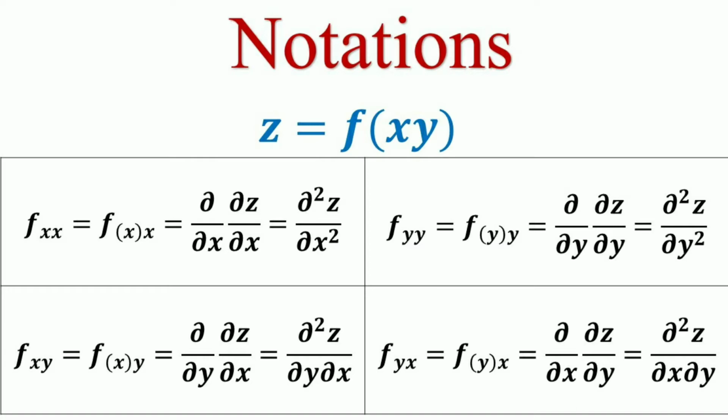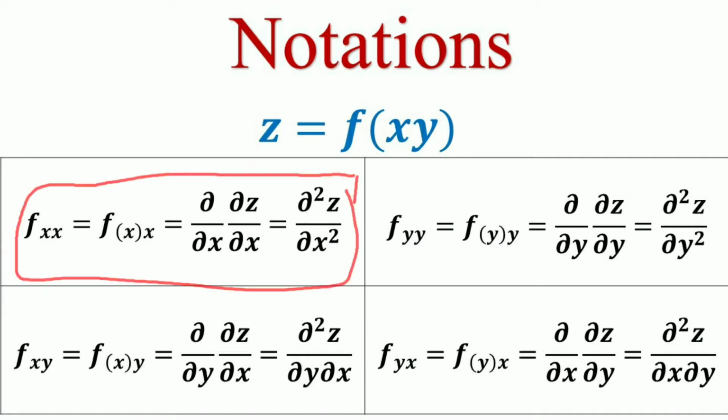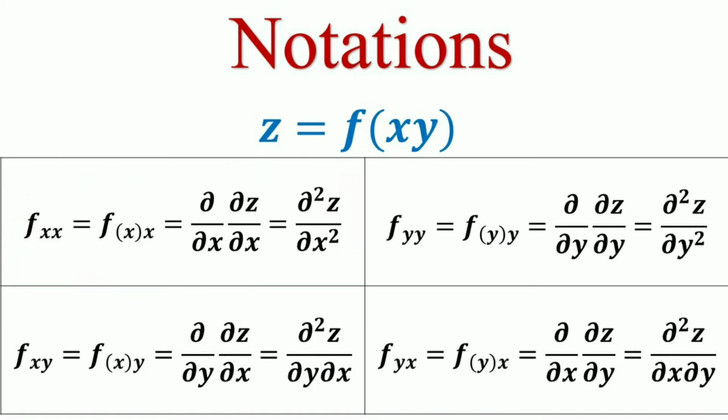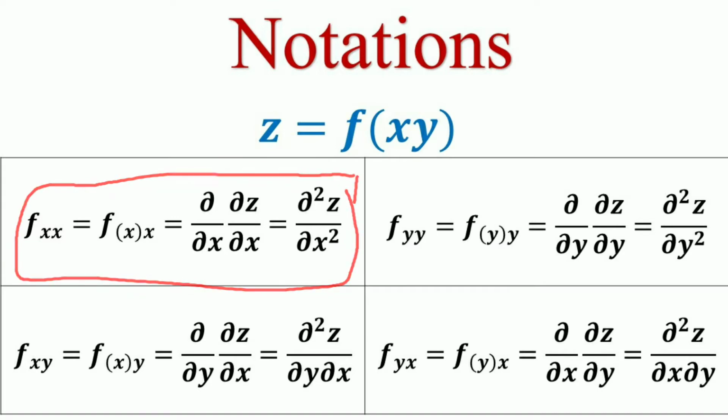For example, here the direct partial derivatives are f of xx, which measures the rate of change of the first order partial derivative f of x with respect to x, while y is held constant. So in this case, we can denote f of xx by using these notations, and it is the derivative of the function z taken twice with respect to x.